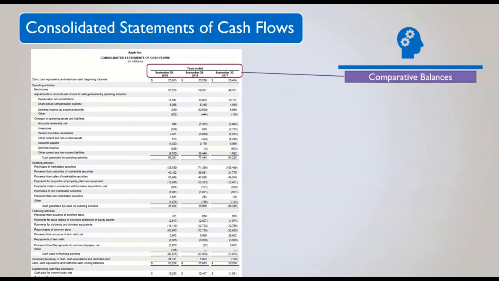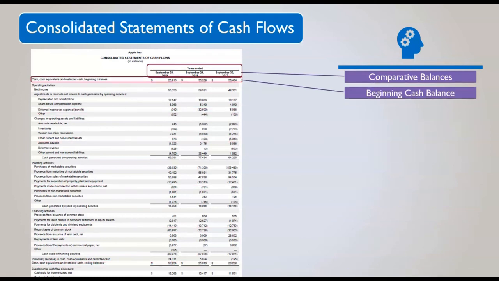Here, similar to the profit and loss statement or statement of operations, we see 3 years of comparative balances. Starting with the statement, we begin with the cash equivalents, and restricted cash beginning balance for the year.